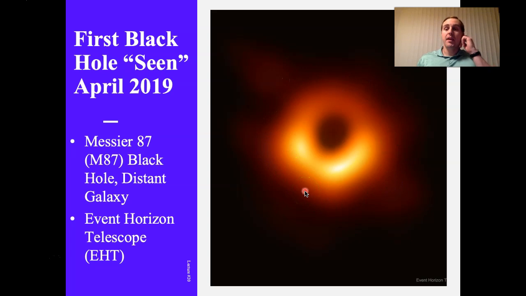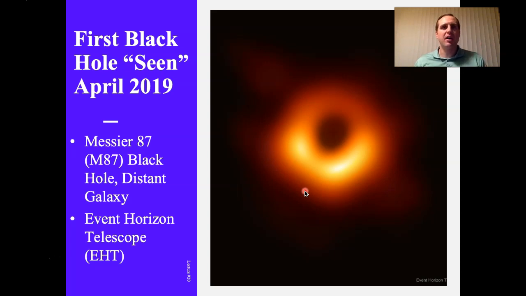Now, by the way, this Event Horizon Telescope was actually multiple telescopes around the Earth. It was like a collaboration of 8 or 9 telescopes from different places on Earth. And they all had to be looking at the same black hole from different angles at the same time. The images had to be merged together.